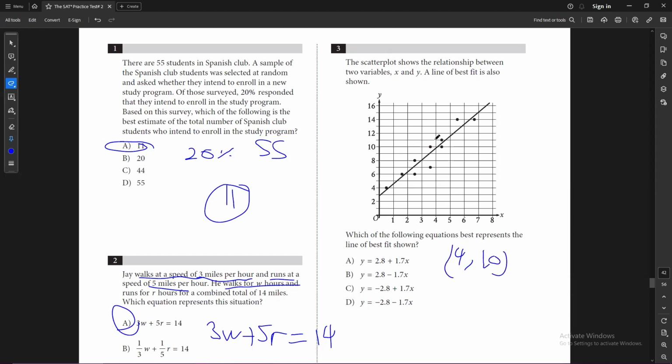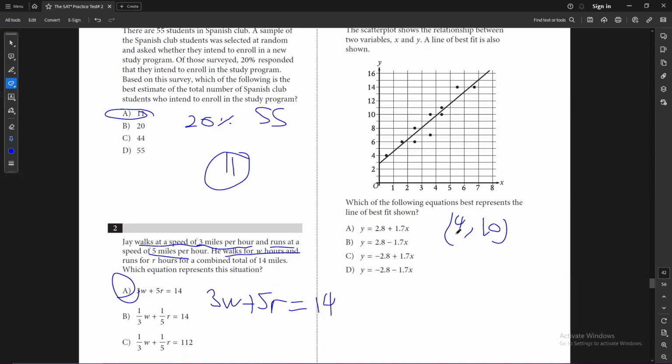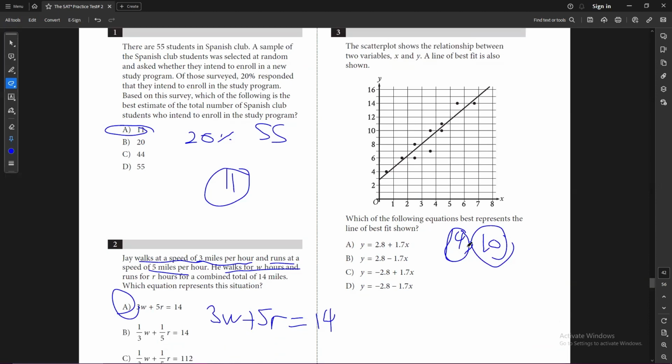It's just going to be an approximate number because it's not exactly 10 and I don't see any exact points. So what I want to do is plug this 4 as my x value into these equations and try to obtain a value of 10 for my y value. When that happens, if I see something close to 10, I can say that's going to be my answer choice.